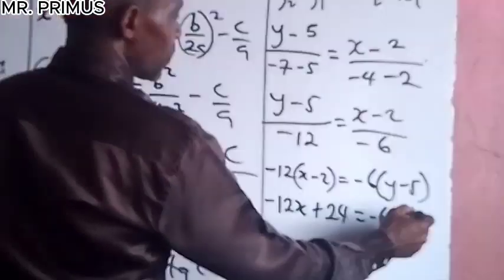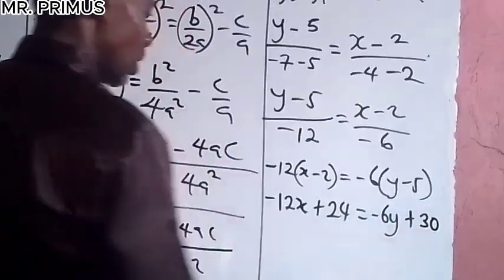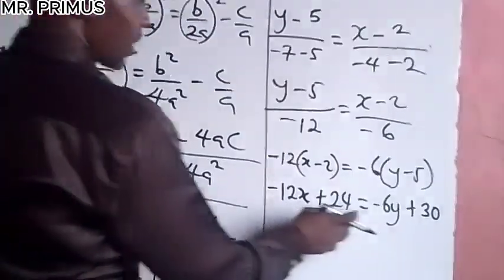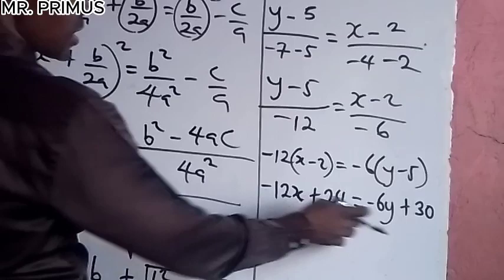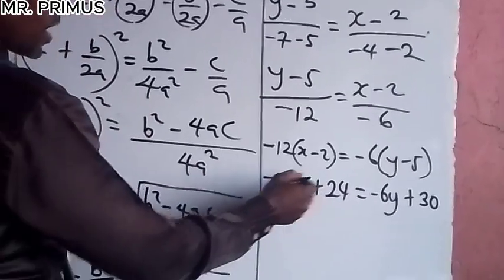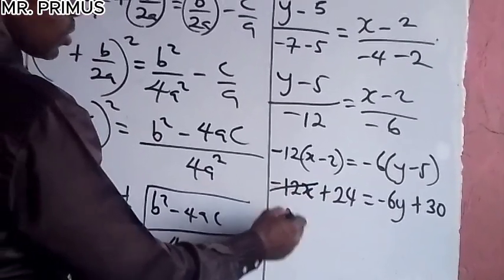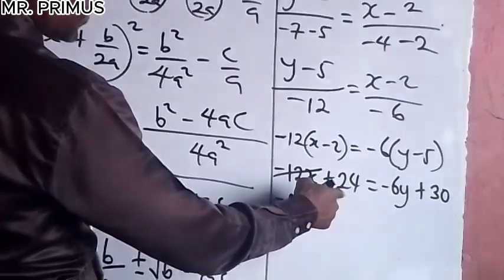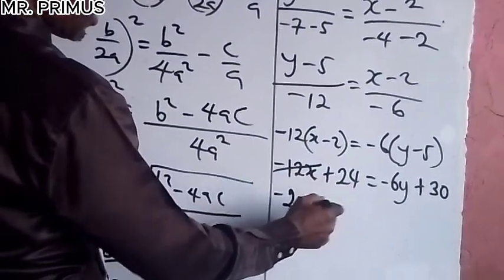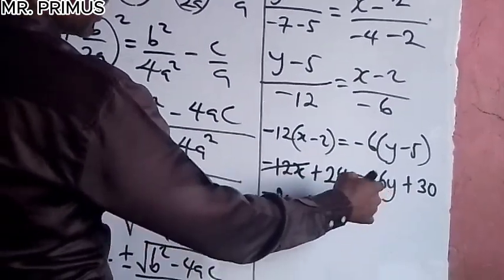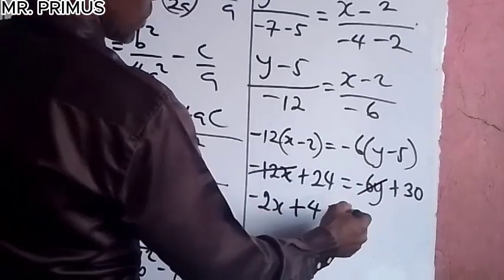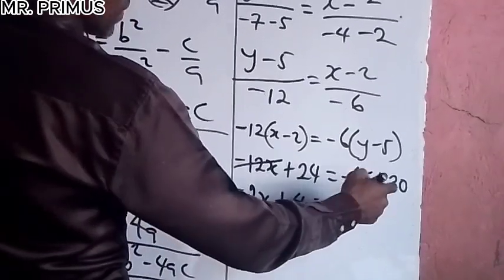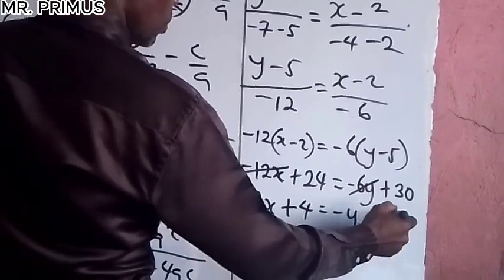Minus 6 times minus 5 is plus 30. If you look at this, you have a common factor, which is 6. 6 can divide all this. So minus 12x divided by 6 gives minus 2x. 24 divided by 6 gives 4. Minus 6y divided by 6 gives minus y. Then 30 divided by 6 gives 5.